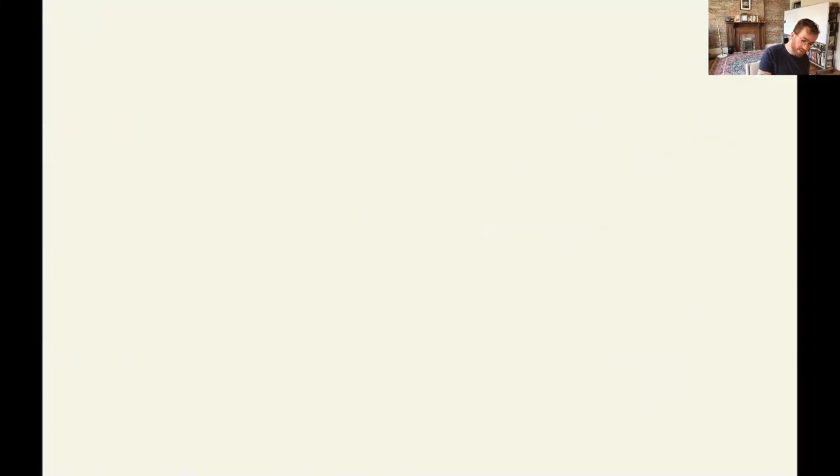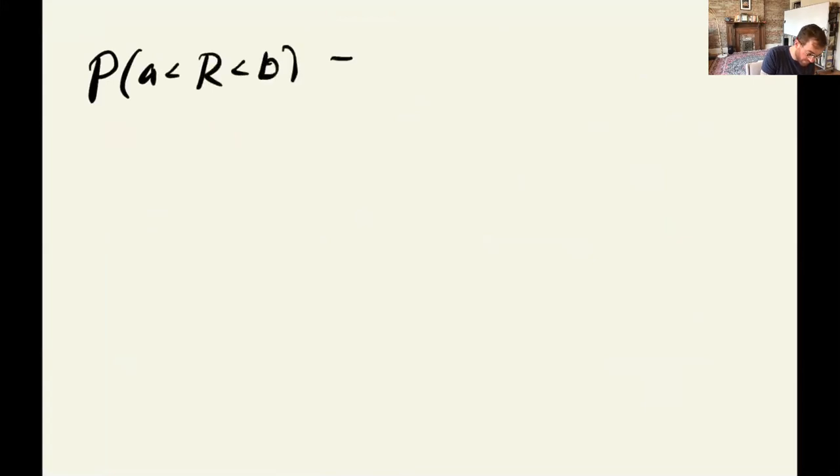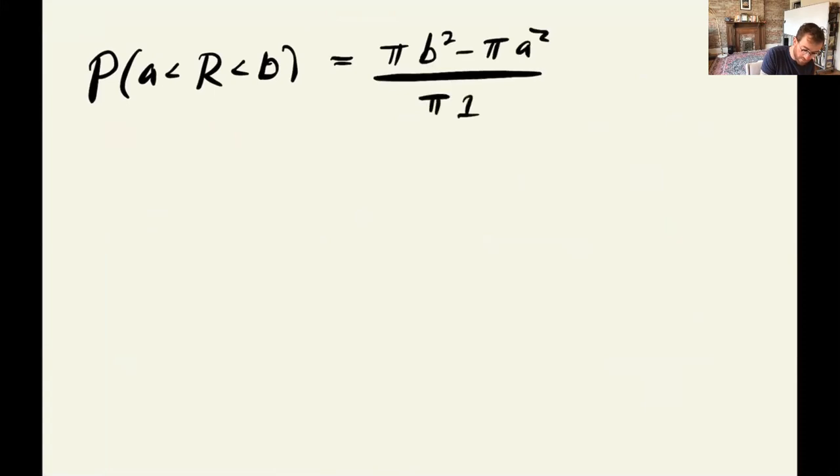So under that assumption, the probability that R is between A and B is pi b squared minus pi a squared divided by pi times 1 squared, which just equals b squared minus a squared.